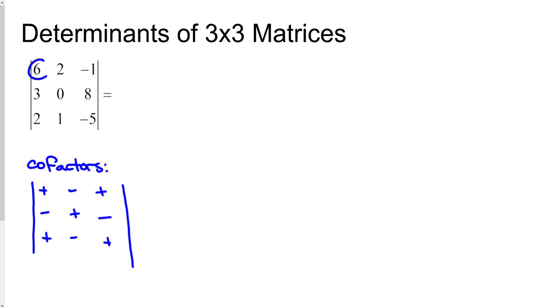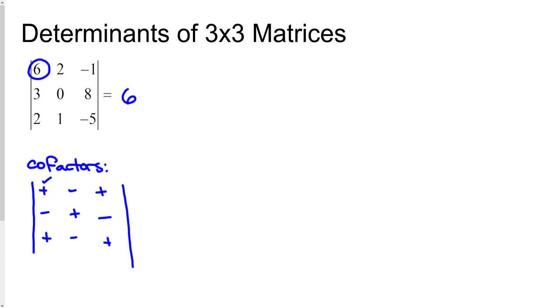So what happens is I begin with 6 as a multiplier. And if you check the matrix of cofactors, there's a positive in that particular position, which means I use the 6 as is. If there was a negative, I would just make it a -6.